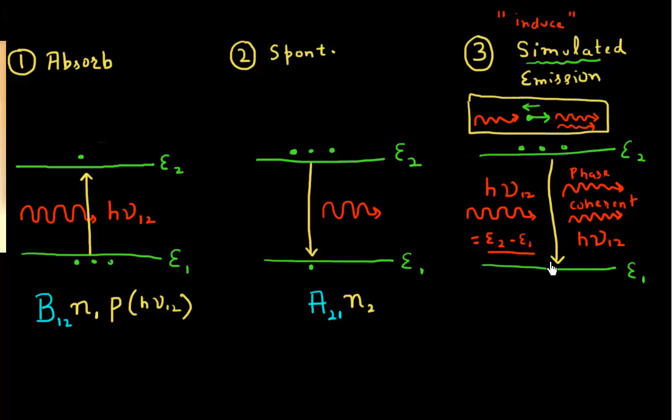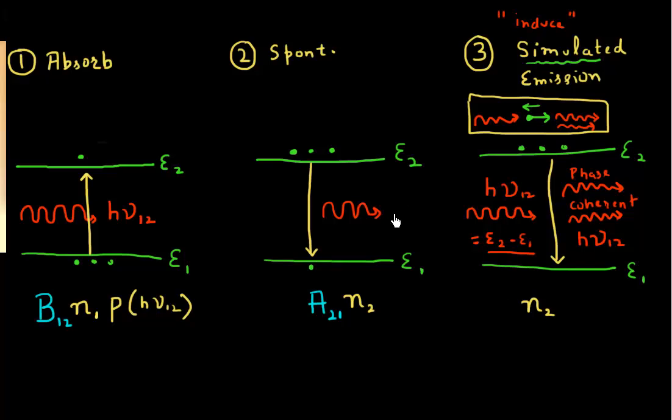And he said now the rate of this thing happening: the spontaneous emission rate was derived by this formula, the absorption rate was derived by this formula. But for the simulated emission, it should be proportional to the number of electrons I have in energy level 2, so it should be proportional to N2.